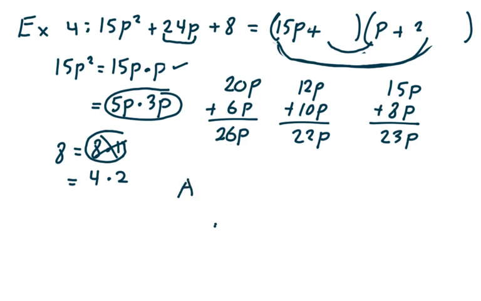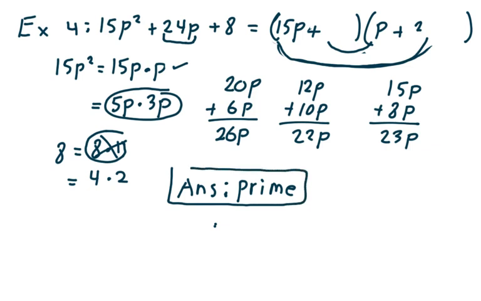And so the answer to example 4 is that it's prime. We can't break it down any further. So that's how we do example 4. This is an example of a polynomial or a trinomial that's prime.